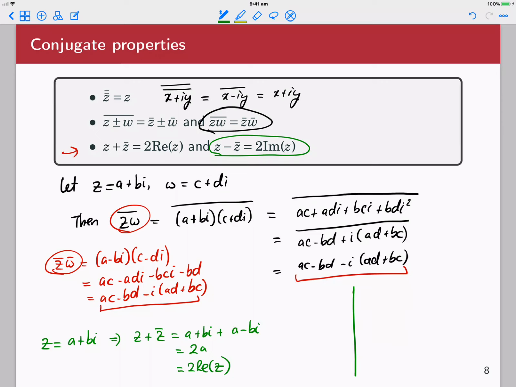So for instance, let's say I have a complex number z here. As we mentioned, when you take the conjugate, it's like reflecting about the horizontal axis. So z conjugate could be down here. And the thing you should know about adding complex numbers is that it works exactly like vector addition. So if I want to see where z plus z conjugate is, it's like adding this vector to this vector.